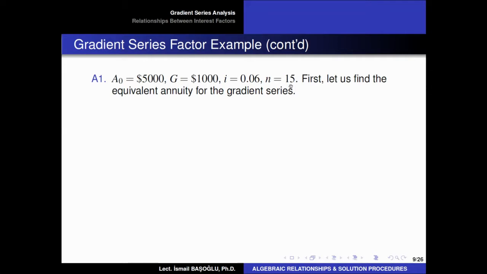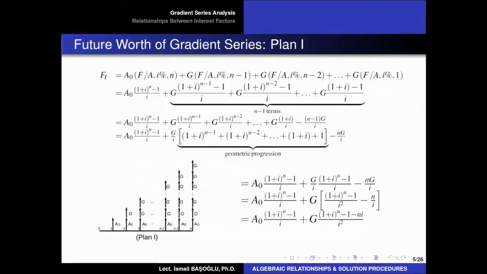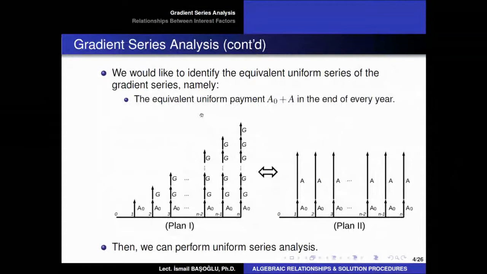Now, we are going to identify the equivalent annuity for the gradient series. So instead of this gradient form of payment plan, if the engineer was planning a uniform series of retirement salary for 15 years, what would be the equivalent A amount if we take these amounts in uniform series?